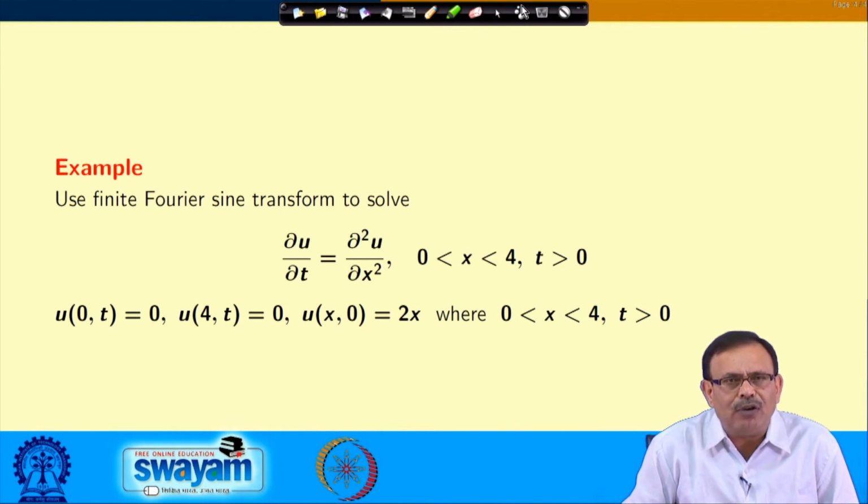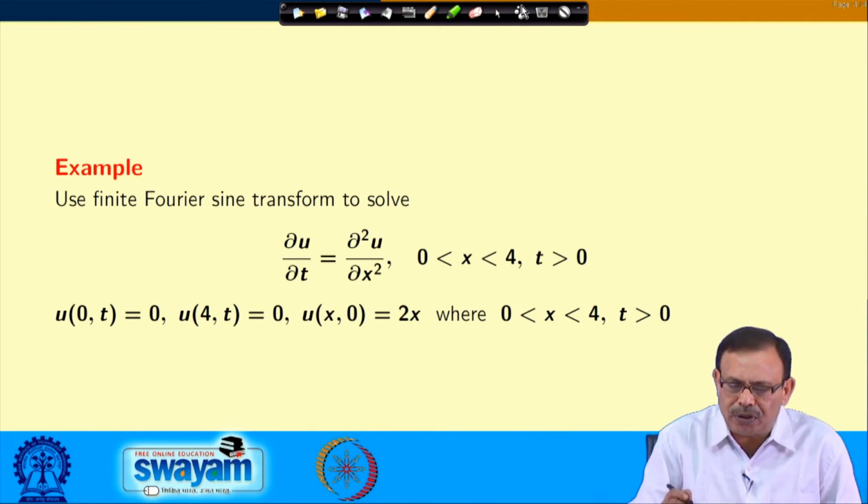Now, the value of u(0,t) is known to me, and the value of u(L,t), where L is 4 here, that is u(4,t), is also known. Therefore, for this particular problem I can use the Fourier sine transform with respect to x. Since the u(0,t) and u(4,t) values are known and x lies between 0 to 4, I can use it.